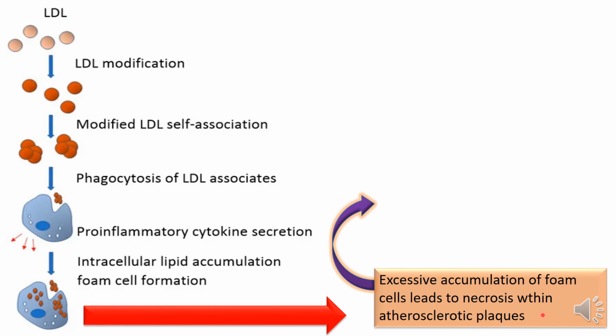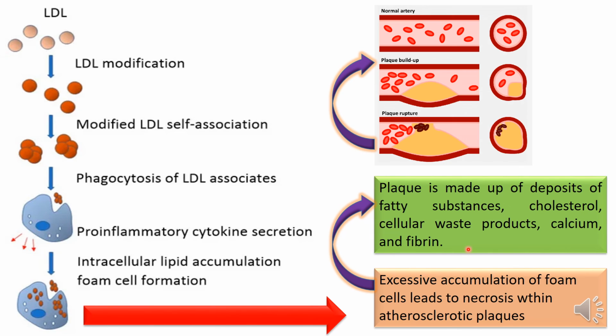So what is a plaque? A plaque is made up of deposits of fatty substances, cholesterol, cellular waste products, calcium and fibrin. So we will see another diagram. Now, this is a normal artery where blood is flowing. There is no atherogenesis. And here now, due to the modified LDL, there is build-up of plaque and foam cells.